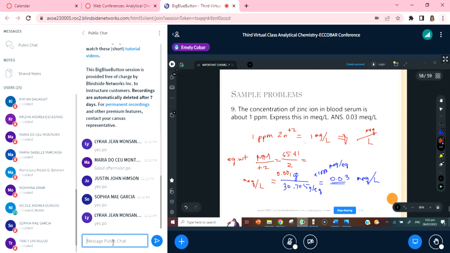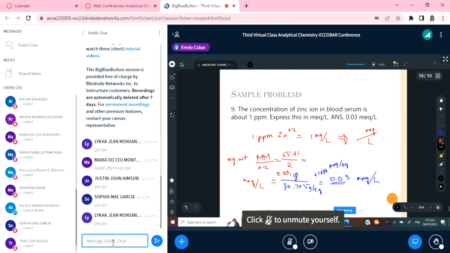Ang pinapagawa dito, class, is express this in MEQ per liter because class sa mga metals, no? Trace metal component ng dugo, usually, ang unit na ginagamit is MEQ per liter.